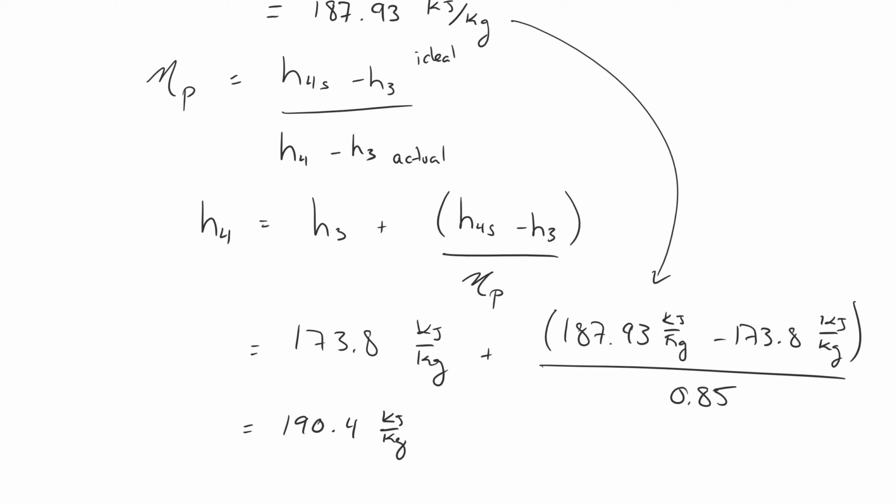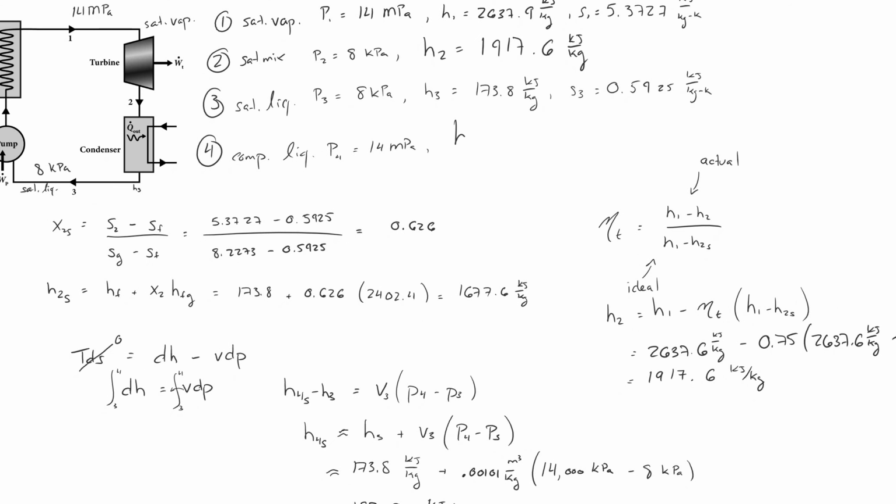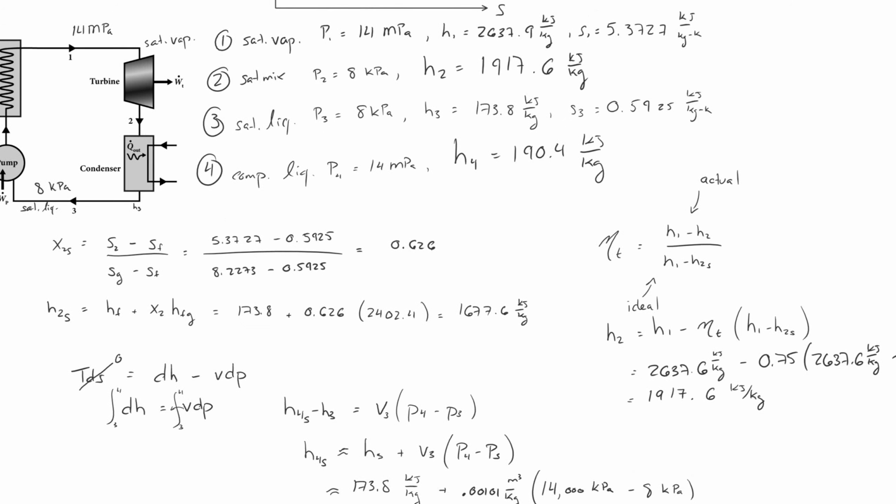So some of those irreversibilities have produced some heat inside the pump and raised the enthalpy a little bit more than it would be otherwise. So if we were to find the corresponding temperature of H4 versus H4S, we would see a little increase with H4. Okay, so now that we have defined all the enthalpies for every state, we can proceed with an analysis just like we would have before.